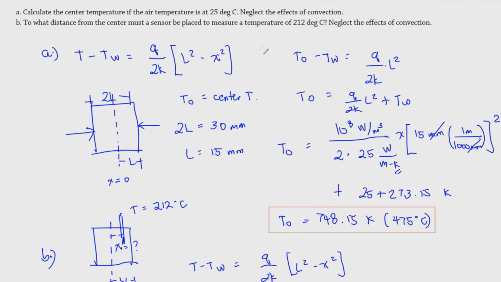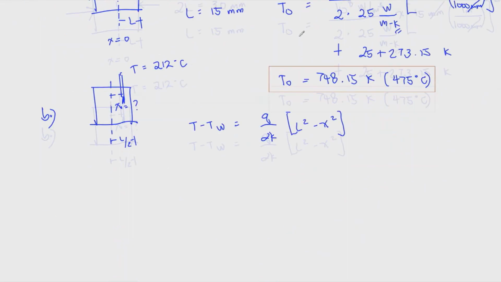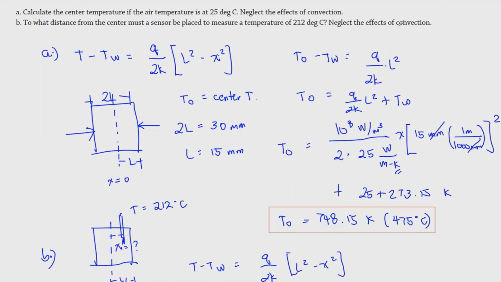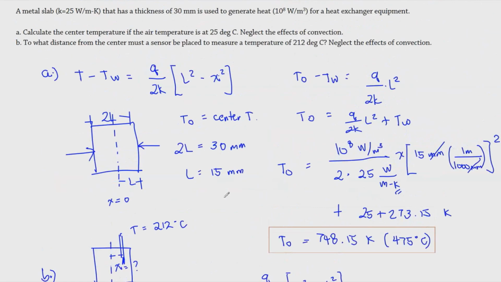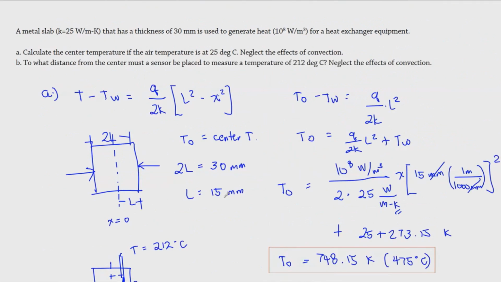And of course, since we are given a temperature of 212 degrees Celsius, and we'll be neglecting the effects of convection, we have a temperature equal to 212 degrees Celsius. Oh, I forgot to write the air temperature.